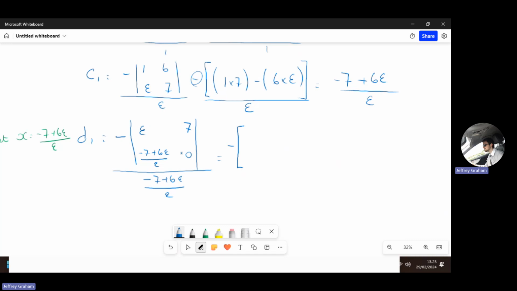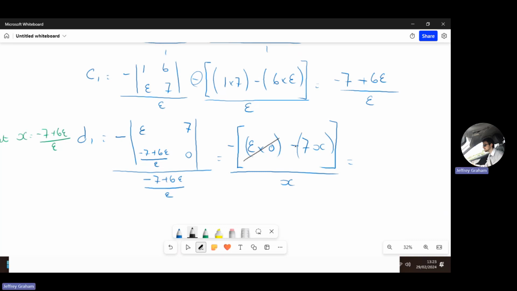Right, so we've got epsilon times naught, take away 7 times that bit I've just labeled as x for now. The same on the bottom. The reason I've done that is it's a little bit easier to see this bracket equates to 0.